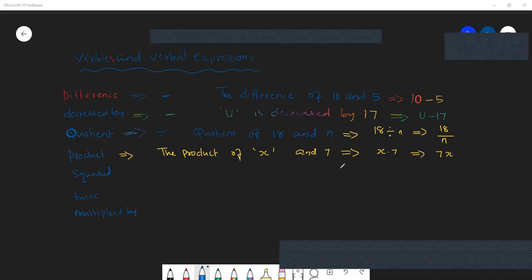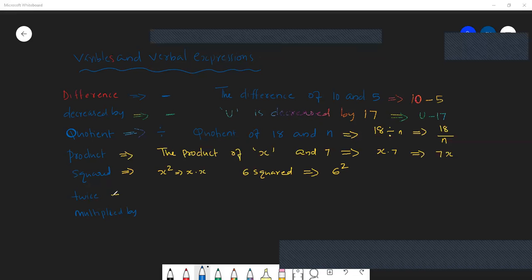So product always represents multiplication. What is another term? Squared. Square means multiplying a number by itself, so x squared means x times x. If a word problem says 6 squared, we can replace this verbal representation with the algebraic expression 6 to the power 2.